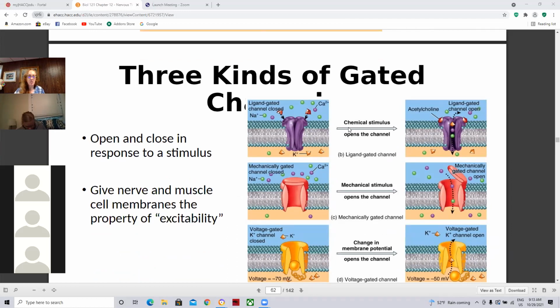The ligand binds to the channel. Mechanical stimulus is almost always a pressure. Voltage gated channels are opened or closed by a change in voltage, or membrane potential. These different kinds of gated channels give nerve and muscle cell membranes the property of excitability.